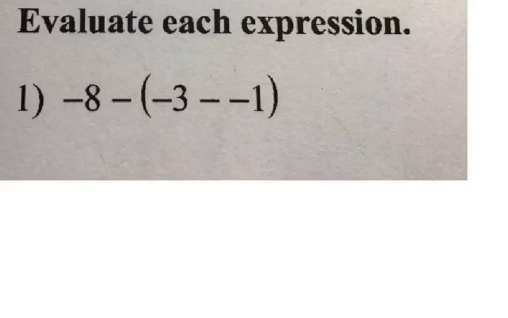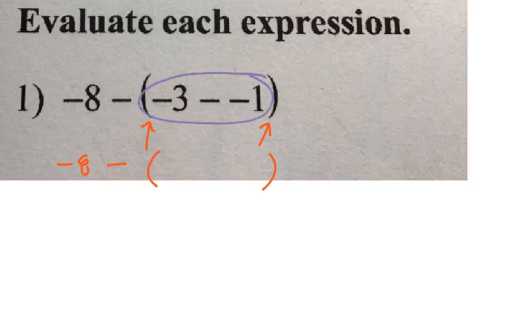So, on this one right here, we're supposed to evaluate. Our rules say we got to do our parentheses first. So I have -8 minus, notice I'm not touching that -8 minus yet. I got to do this parentheses right there, right? And so what is inside the parentheses? -3. Remember, guys, minus negative becomes a plus.